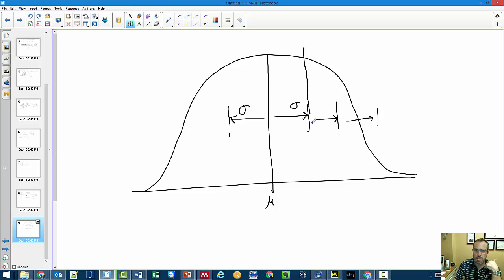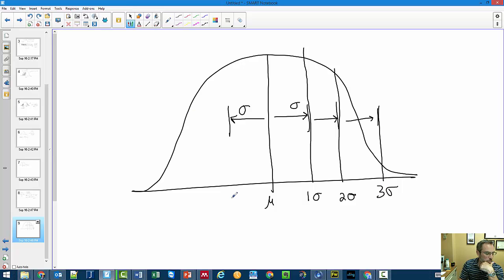Here is one standard deviation, here is 2 standard deviations, here is 3 standard deviations. And we would go the same way in the other direction: -1 standard deviation, -2 standard deviations, and -3 standard deviations.